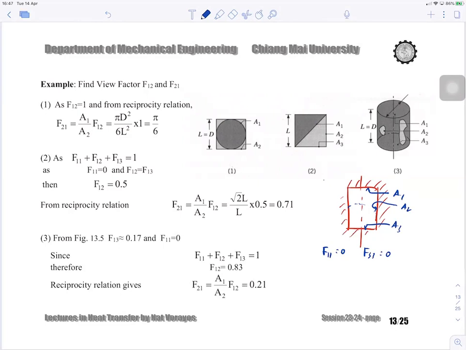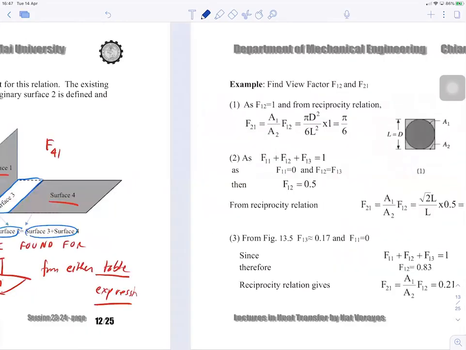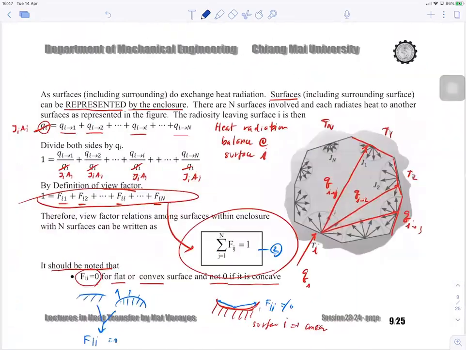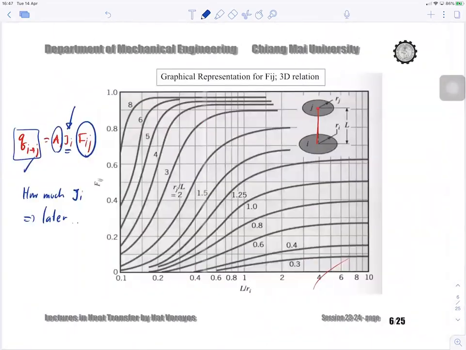Then, if you take a look, you have seen this one, right? This is i, this is j, you can find Fij, right? You've seen this somewhere. Let's take a look. Here we go.